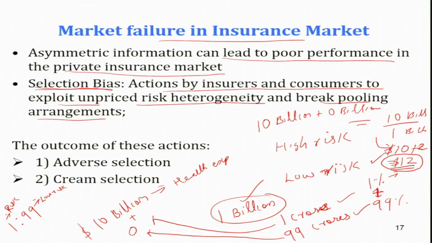Then the calculation we came up with here, the risk premium of 10 and the loading or operating cost of 2, holds true.